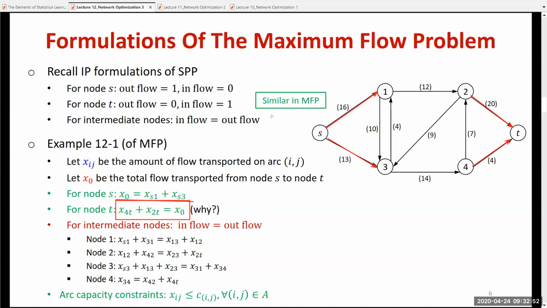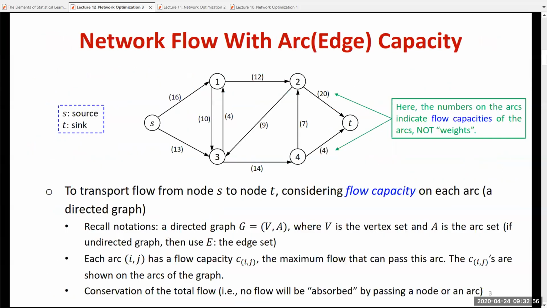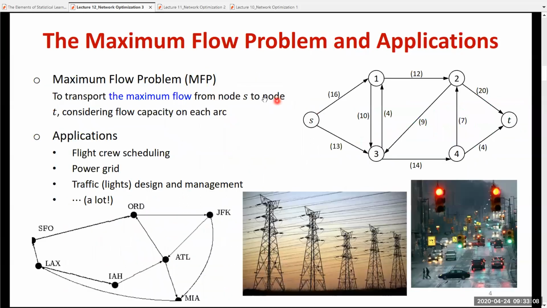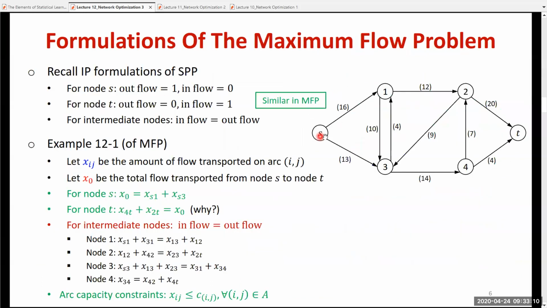Because of the law of conservation. There's no consumption or absorption of flow by passing a node or an arc. So I can guarantee that as long as this S is reasonable, this x0 is reasonable.